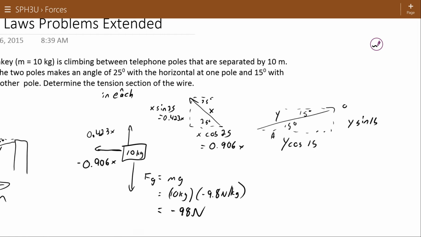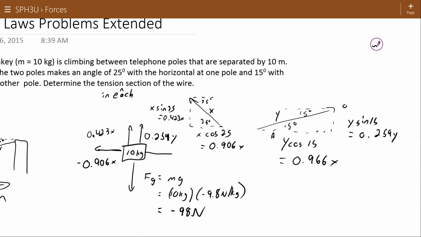Just using a calculator to come up with these values, 0.259y and 0.966y.